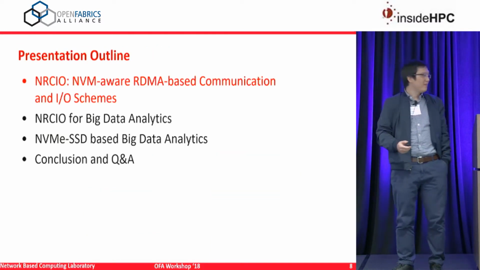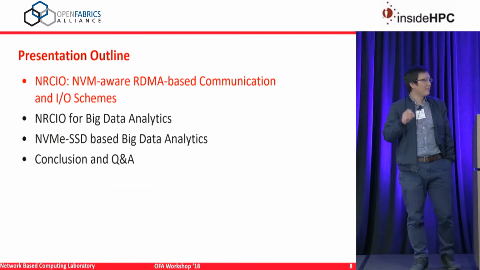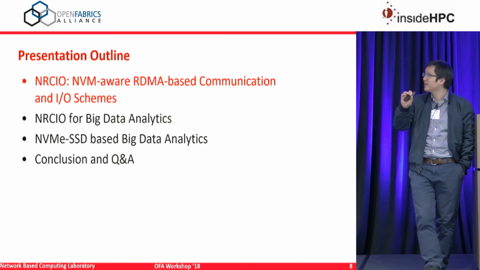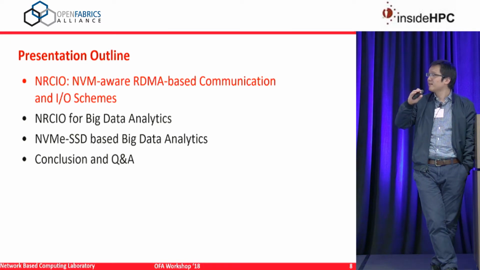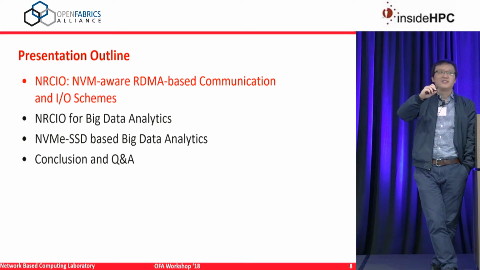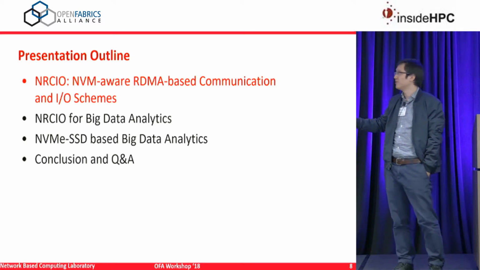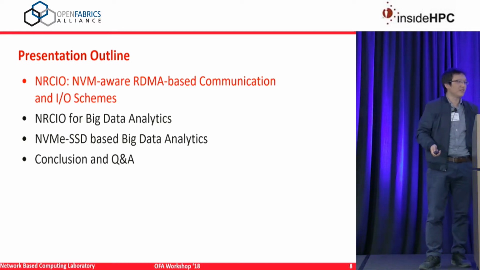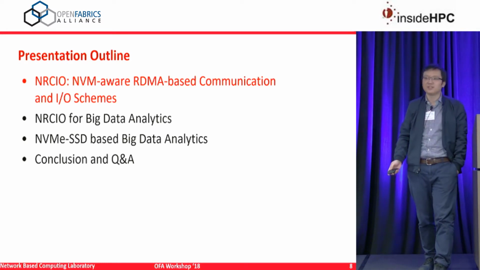In our group, we have been developing a very thin, high-performance library so that we can bring these semantics or mechanisms into big data stacks. We don't want to write Hadoop one way today and Spark another way tomorrow. So we want to abstract a small library called NRCL, which means NVM-aware RDMA-based communication IO schemes.